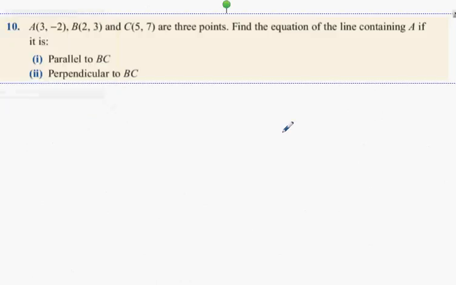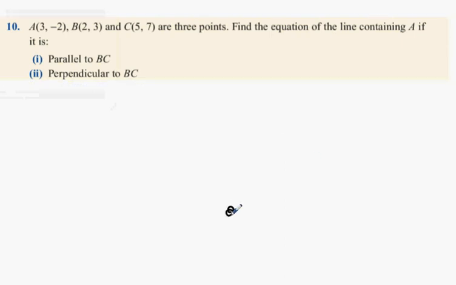Okay. So, in question 10, they give me 3 random points. They give me A, they give me B, which is up here, and then they give me C, which is sort of over here. Now, what they want me to do is create a line that goes through A that has to be parallel to BC.